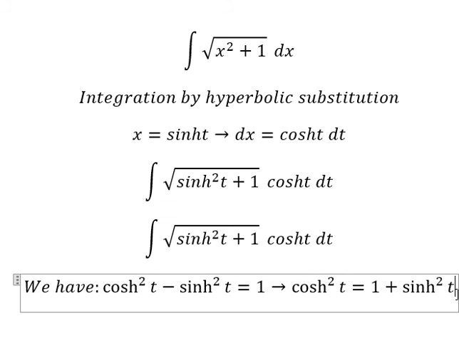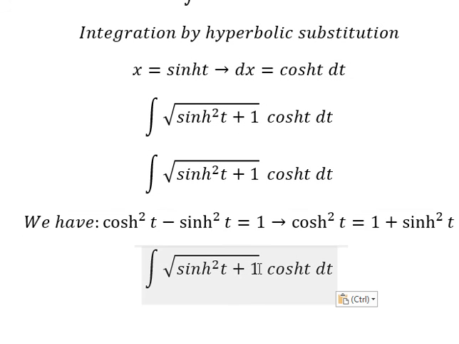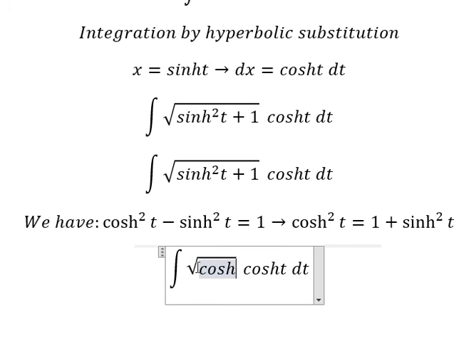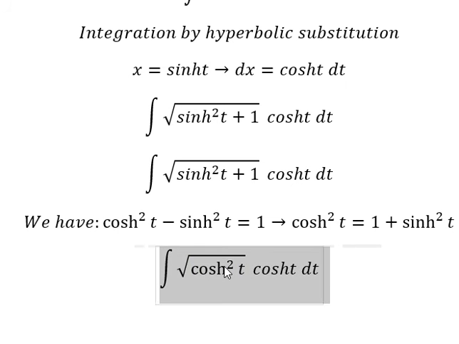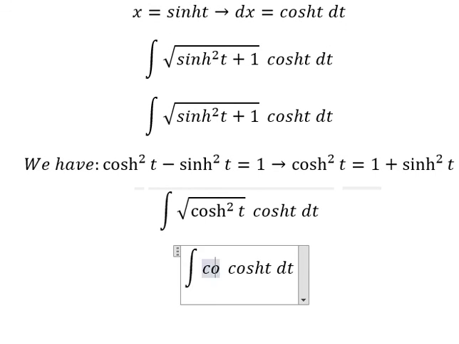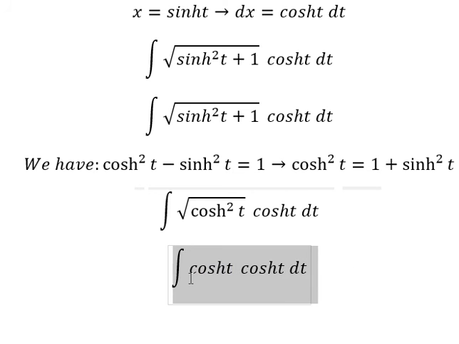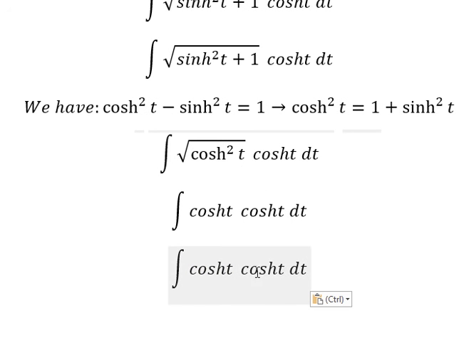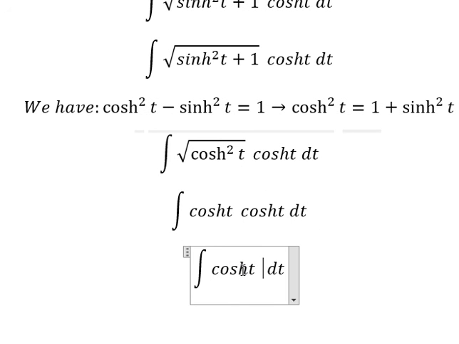So this one we change by cosh t squared. The square root of this one gives you cosh of t. Cosh of t times cosh of t gives you cosh of t squared.